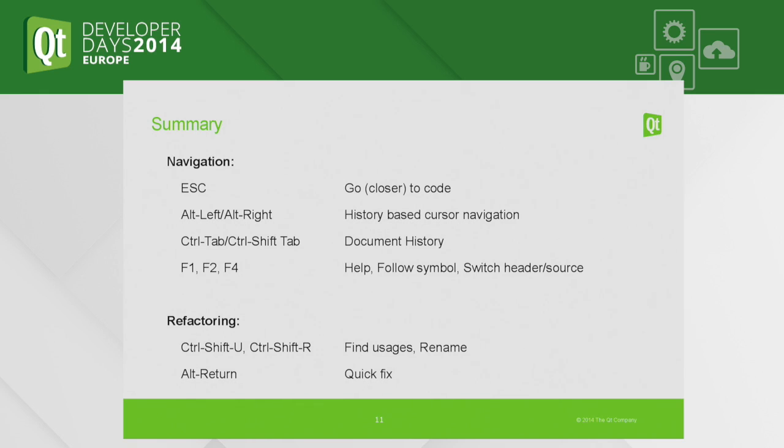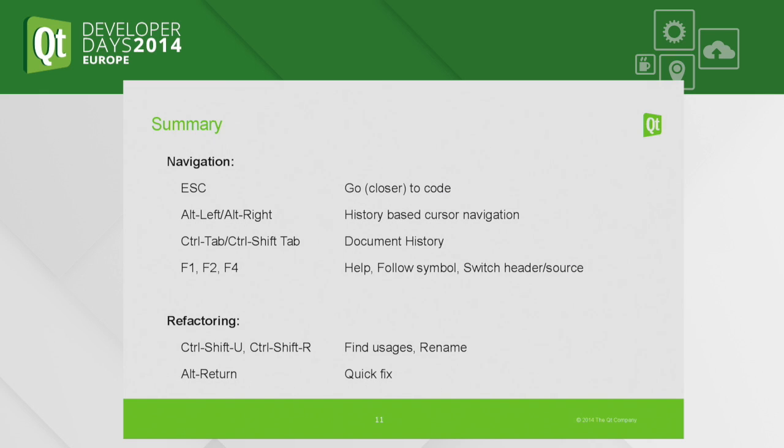Okay. So there's a couple of things I want to have on a slide so you can look them up without looking through the whole video. Escape takes you to your code, Alt-Left and Alt-Right for navigation history. Ctrl-Tab and Ctrl-Shift-Tab for going back and forwards between your open files. F1, F2, F4 for help, follow symbol, and switch between headers.